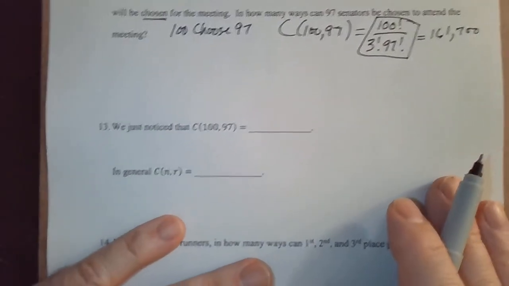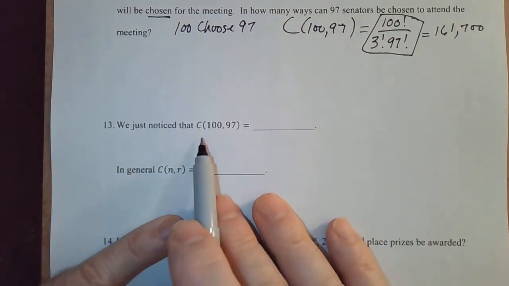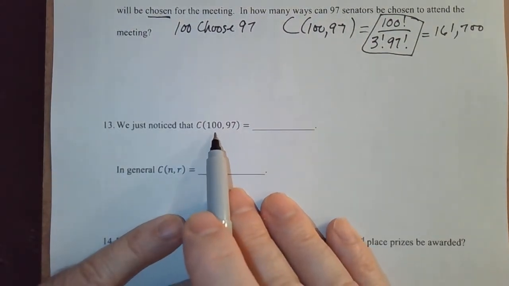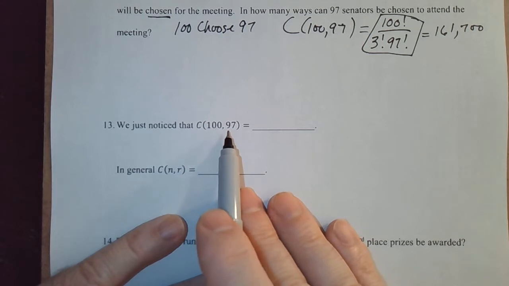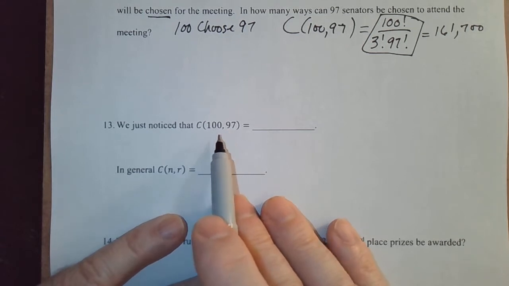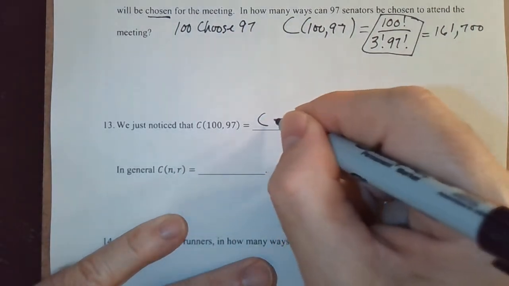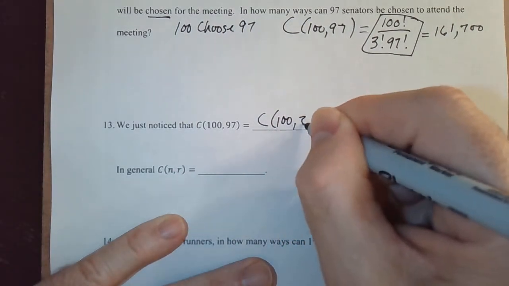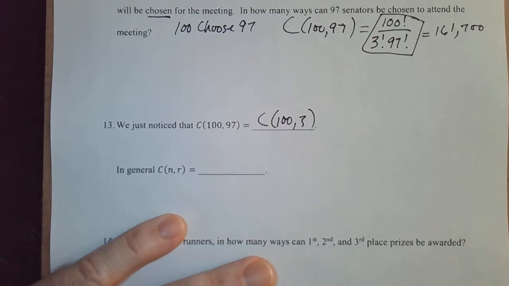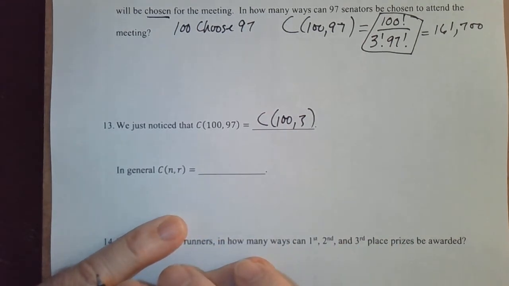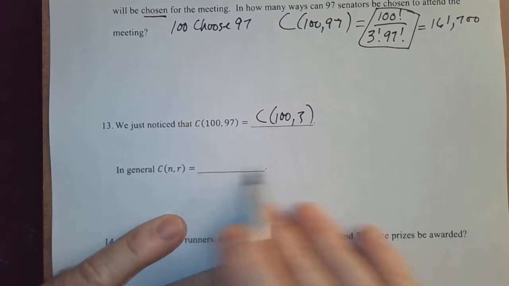So we just noticed that the combination of 100 things taken 97 at a time, or I could read this as 100 choose 97, is the same as 100 choose 3. Because 3 and 97 add up to 100. So in general, what would the formula be here?